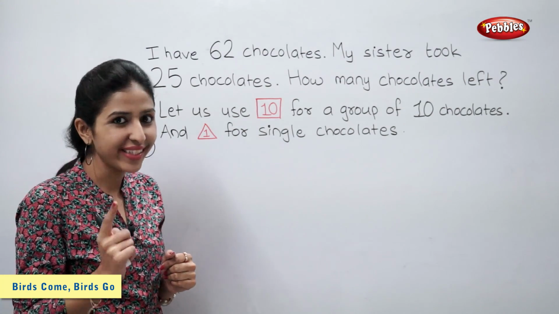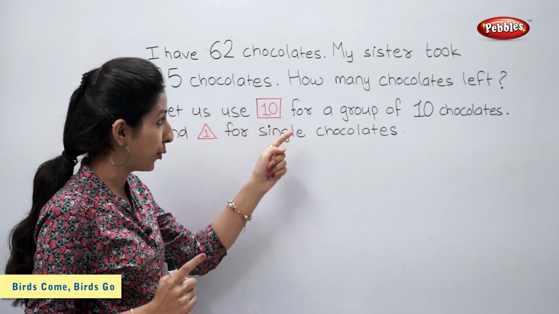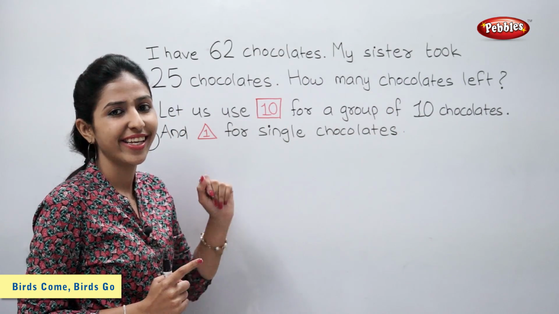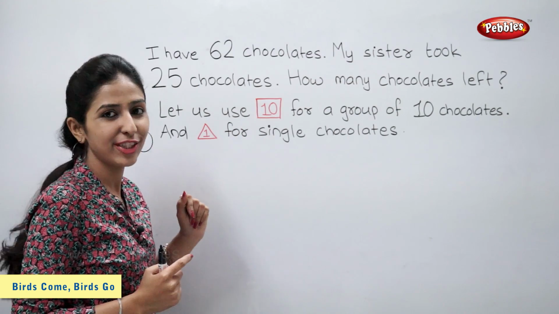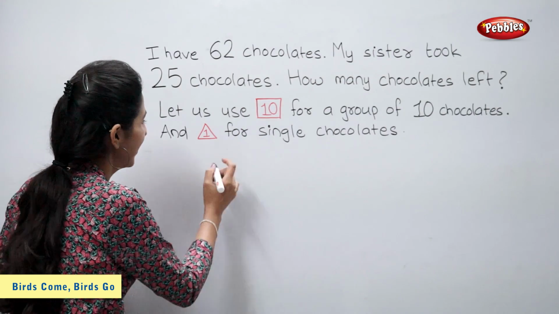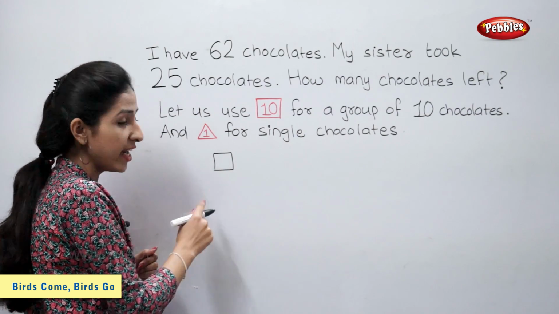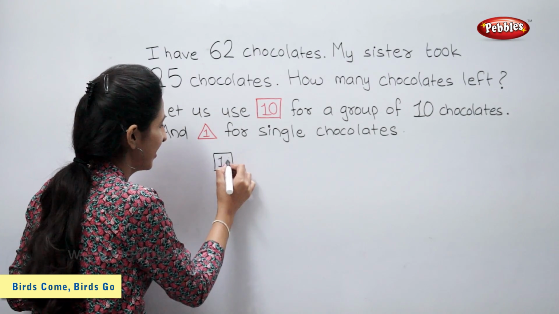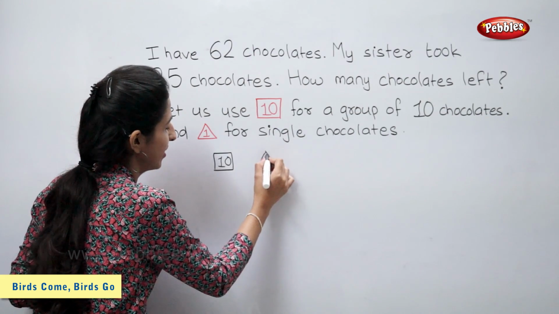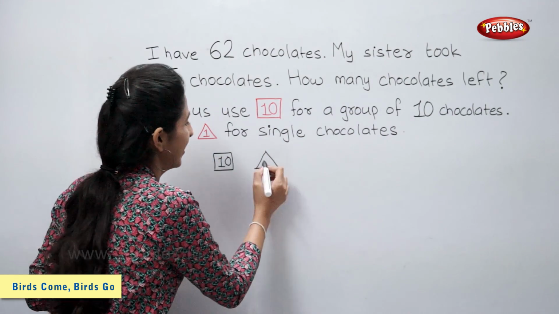So, for this example, a square means a group of 10 chocolates. A triangle means single chocolates. Square for group of 10 chocolates. Triangle for single chocolates.